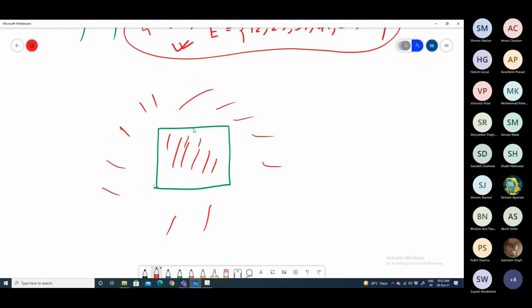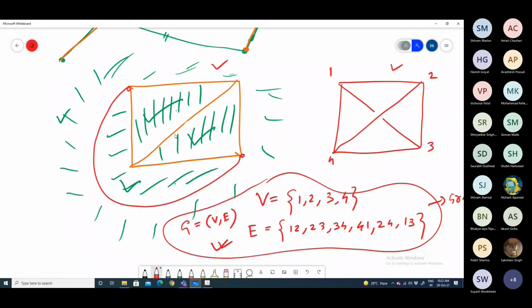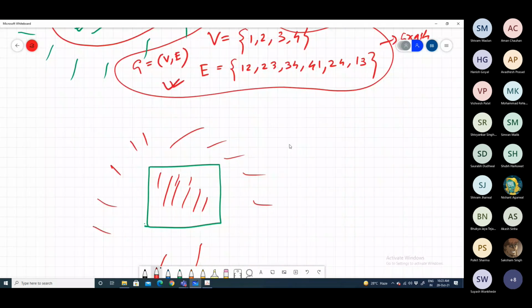Planar graph means you can draw this graph on a single piece of paper, right? Now you can take a scissor and cut along these edges, and see how many pieces you will have. So you have 1, 2, 3 and outside 4. You have 4 parts, right? Those 4 parts are faces. Is that fine? It is simple actually.